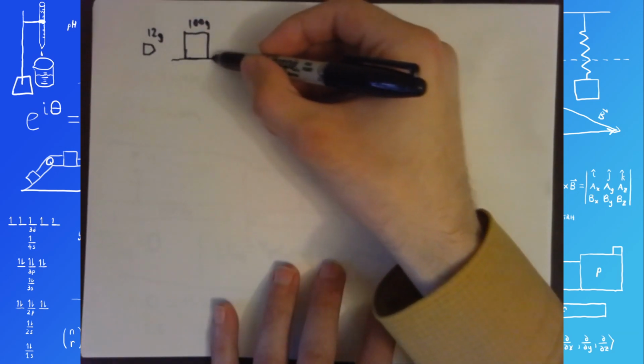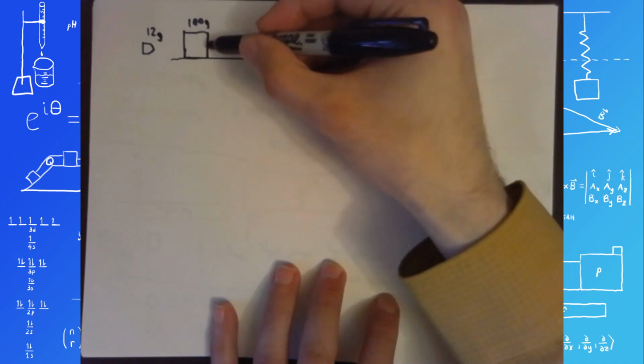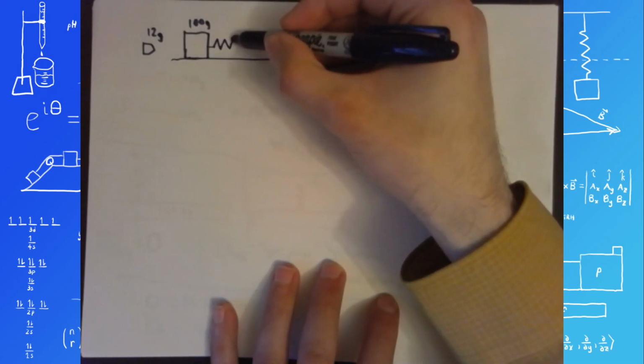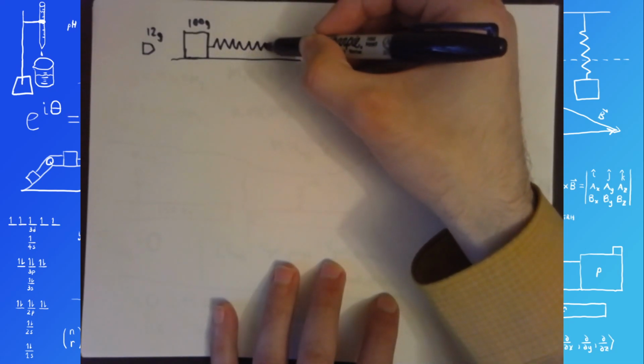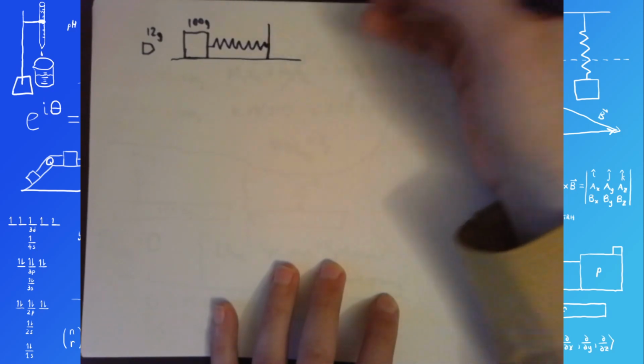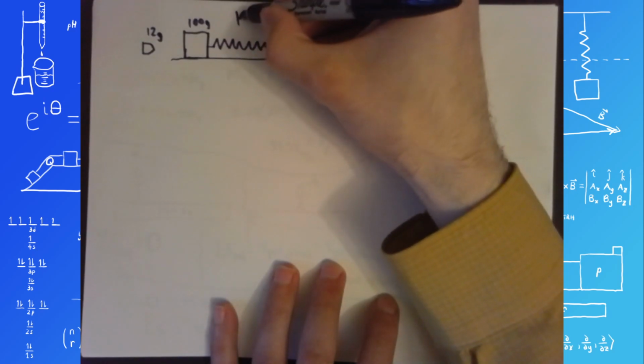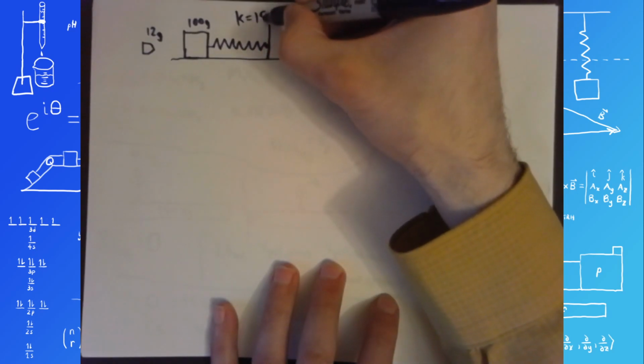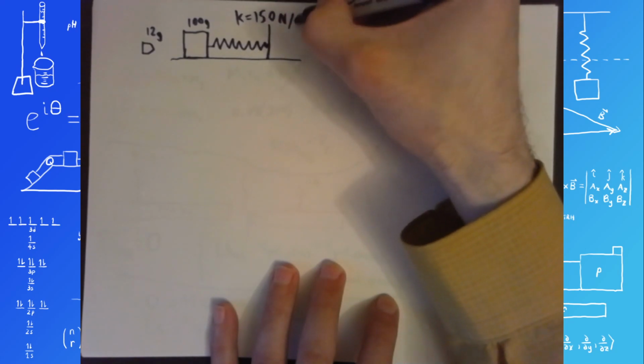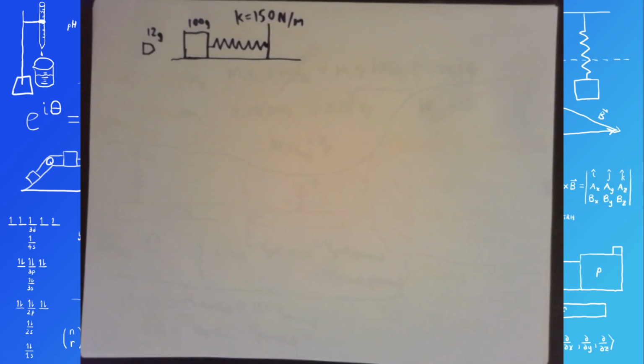So, frictionless surface connected to a spring of constant 150 newtons per meter. It's been a while since we've seen springs. Well, maybe it hasn't been a while for some of you. I guess it depends on what course you're taking and what order topics are being covered.